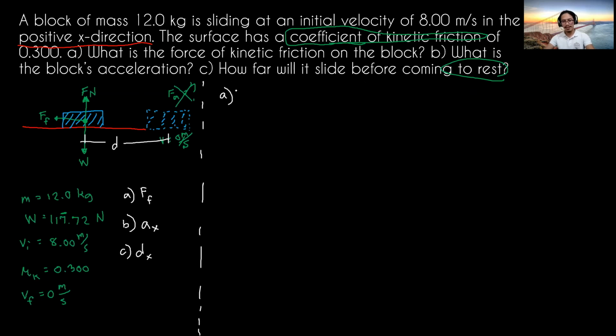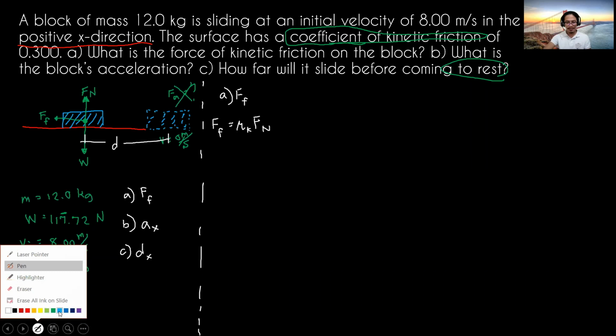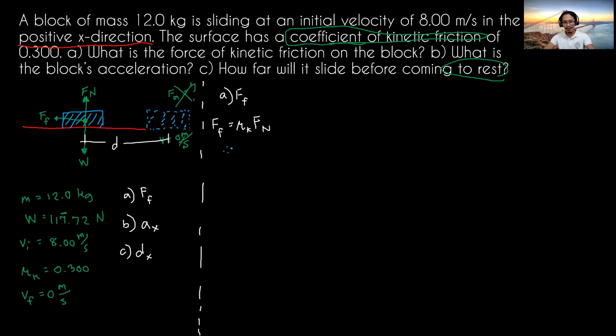For letter A, what we are looking for is the frictional force, and for frictional force we know the equation, which is mu k Fn. Now, what is our Fn? Sir, Fn is not in the given. Remember, if it is a horizontal surface, our Fn is just equal to the weight.